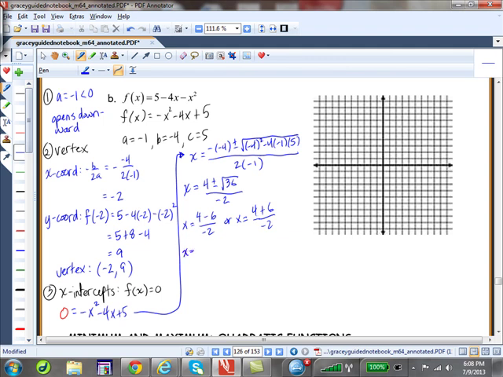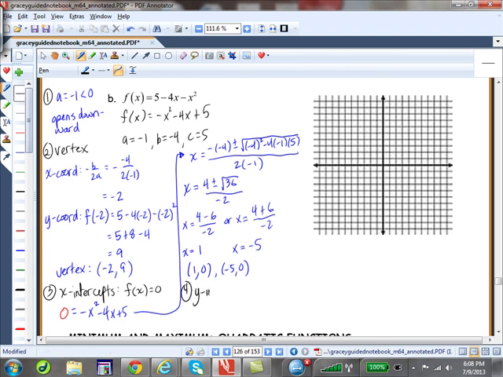So 4 minus 6 is negative 2 over negative 2 is positive 1, or x will be negative 5. So then our x-intercepts will be at 1, 0 and at negative 5, 0.